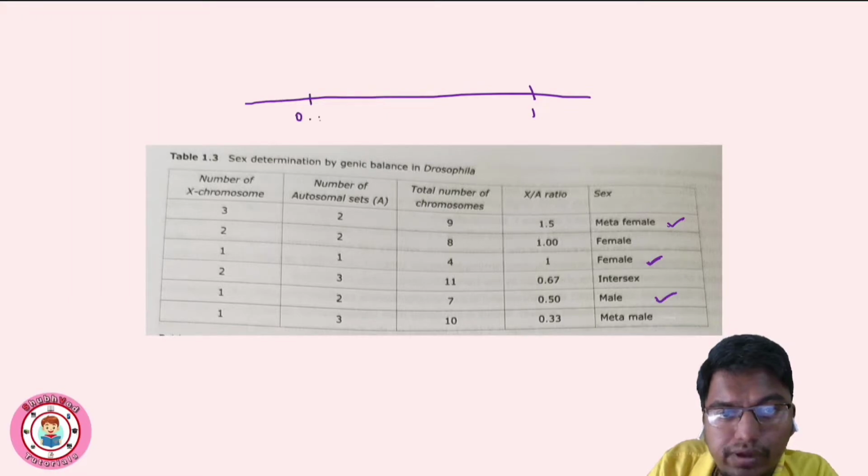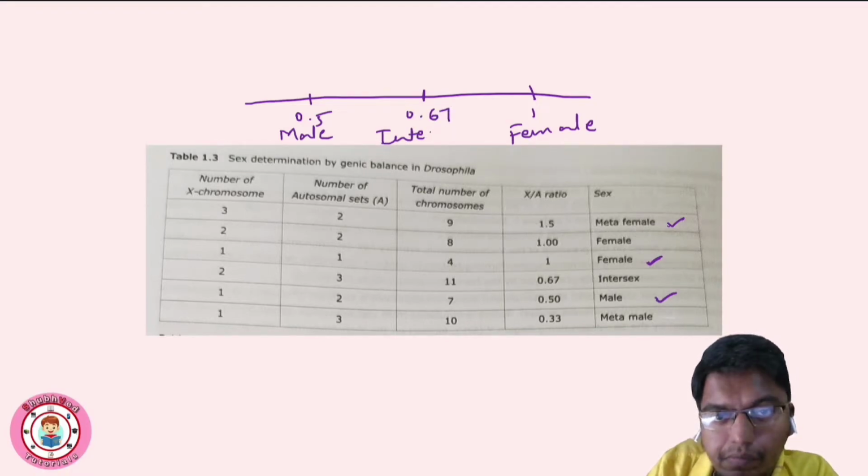Here is 1 and here is 0.5. A ratio of 1 is female, and 0.5 is male. Between 0.5 and 0.67, it is intersex.